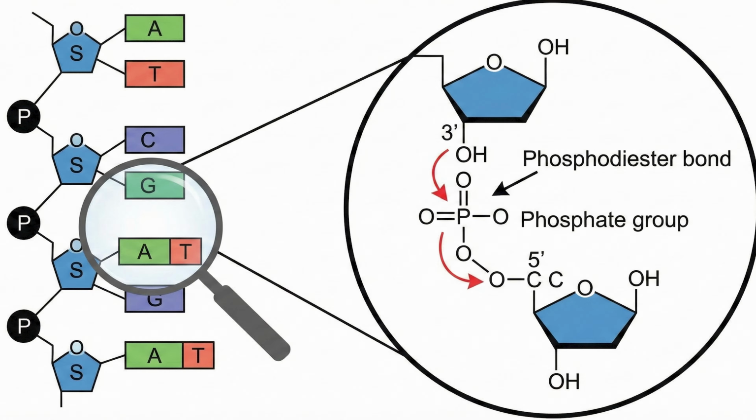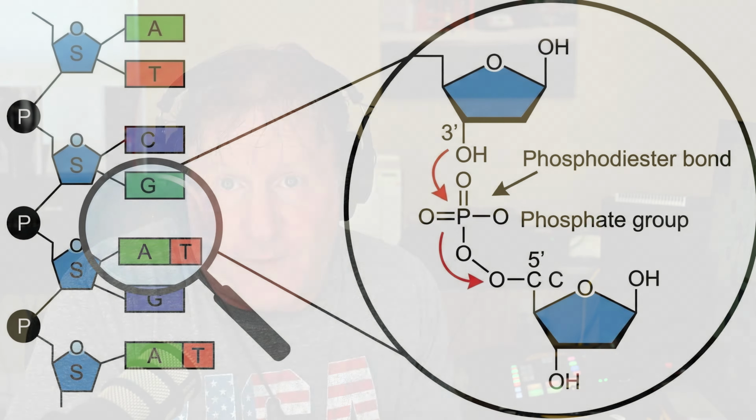And this is how we create a sugar backbone. And this is why we say it goes in a 5-to-3 orientation, from the 5 carbon to the 3 carbon to the 5 carbon to the 3 carbon, 5-to-3 orientation.